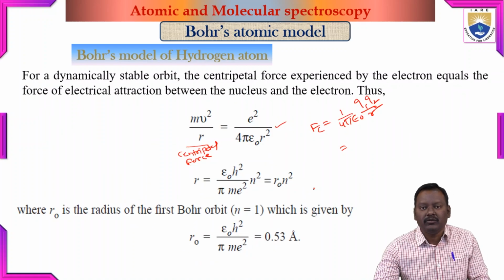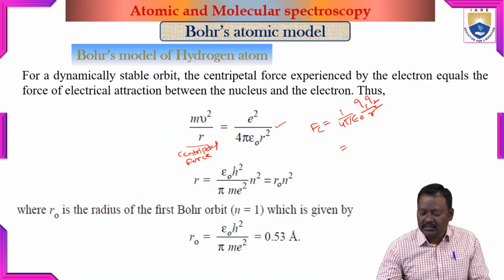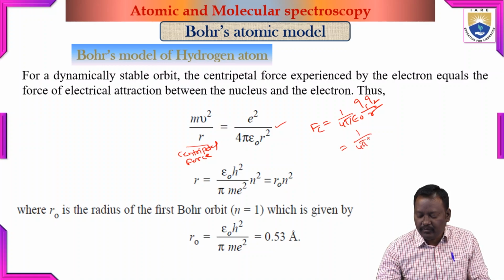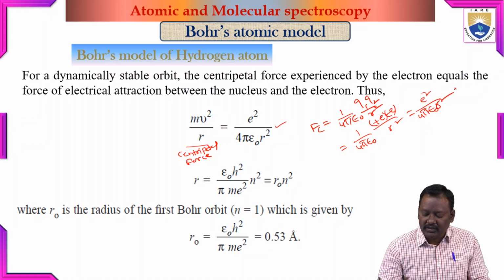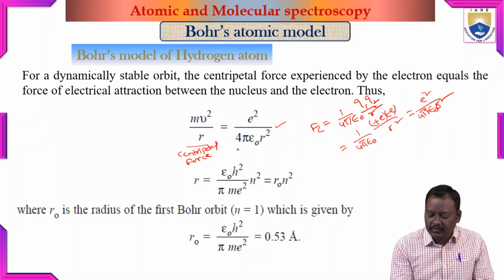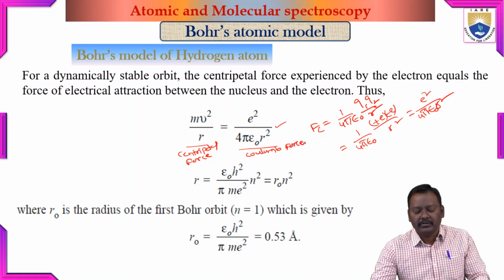Then there is an attractive force, equal to 1 by 4 pi epsilon naught, e times e by r square, and we are taking only the magnitude of the attractive force, e square by 4 pi epsilon naught r square. So the centripetal force must be equal to the Coulomb force.